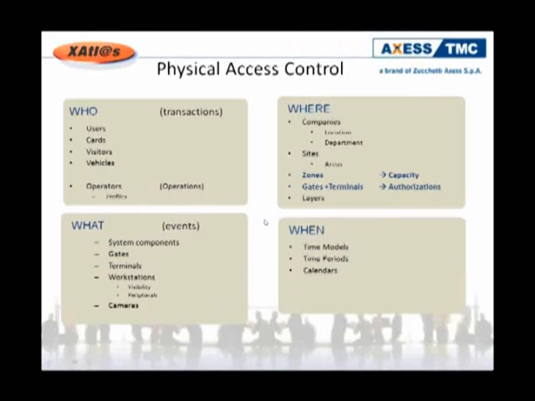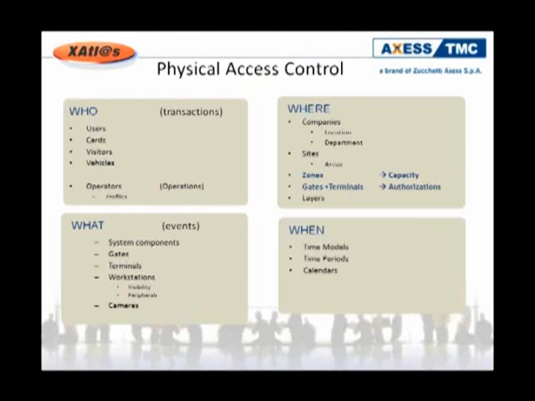Then, of course, we have the "when" part, that is, we need to create entities to control when people can access zones. And we have the usual time models, periods and calendars. And then we have the objects of the system. We have the system components.